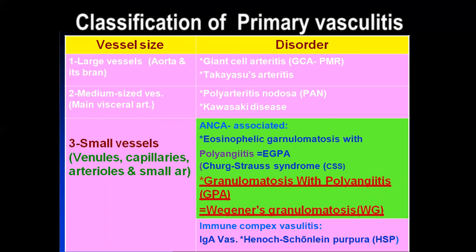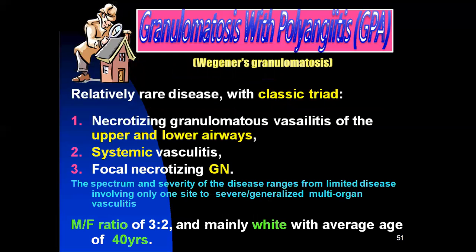Now continuing with the second type, that is Wegener's granulomatosis. Wegener's granulomatosis is a relatively rare disease, and it is found with a triad. It's a necrotizing granulomatosis where vasculitis of upper and lower airway is quite common.